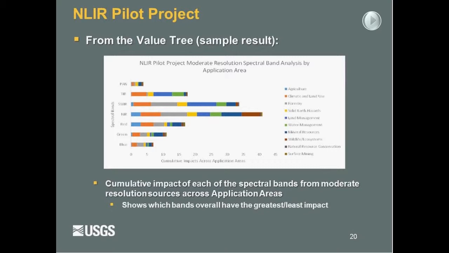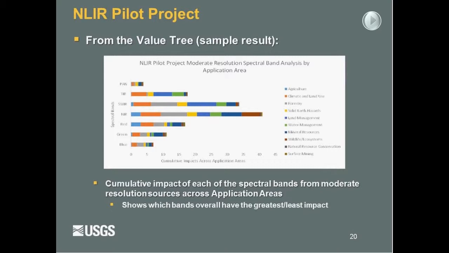The application areas are on the right. Each of the colors represents the application areas that we acquired information about in our elicitation. The impact means the impact to the user's ability to do their business, to complete their work, do their application. And this shows the impact of the loss of that particular component from Landsat.